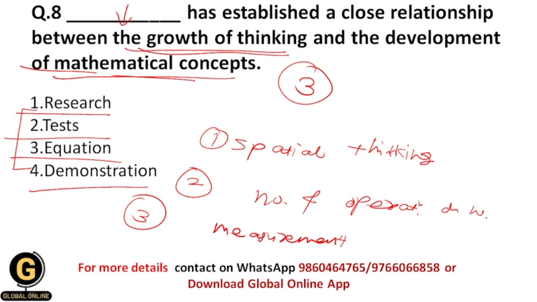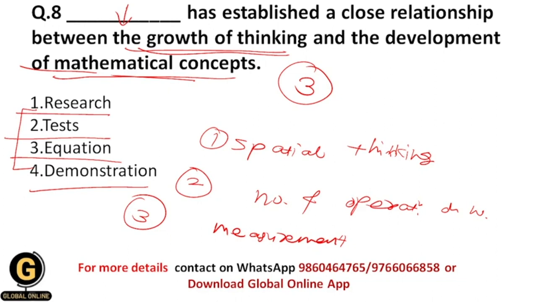I mean to say that whenever children are in elementary school, the way they think and the way they solve mathematical concepts are interrelated with each other. So as they grow, their thinking power also grows, and that's why they deal with more difficult mathematical concepts.